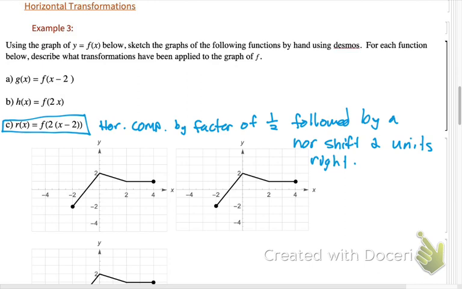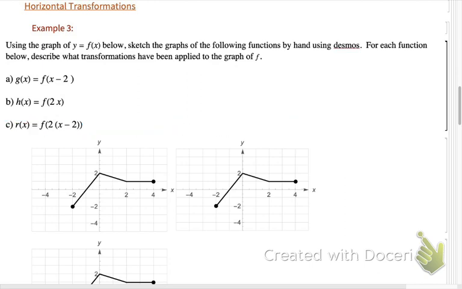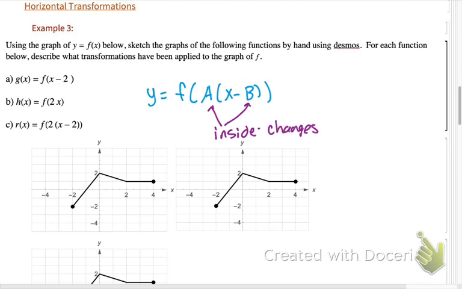But for horizontal transformations, which are going to have this form, f of a times x minus capital B, the effects of a and b are what I like to call inside changes. They only affect the x coordinates. So if you only had horizontal transformations, your domain is going to change, but the range of the function remains the same.